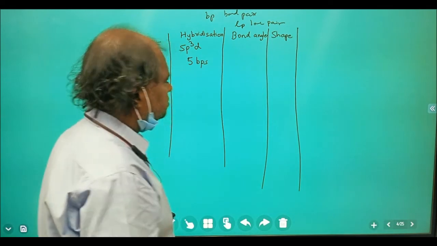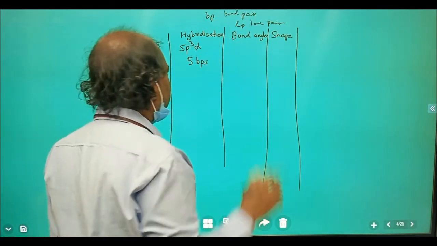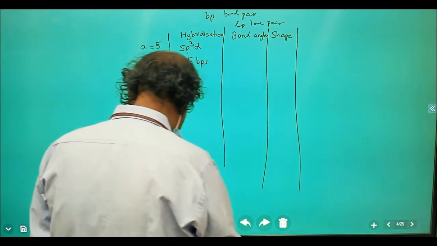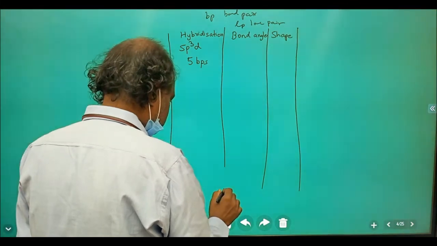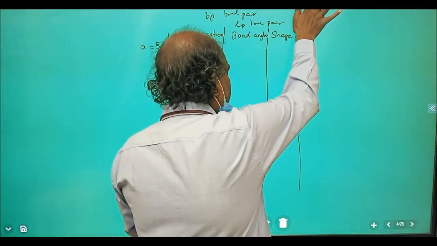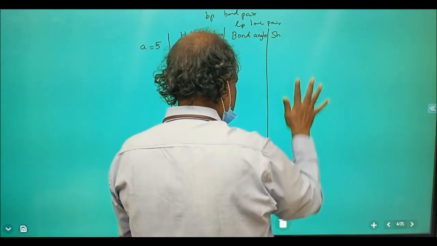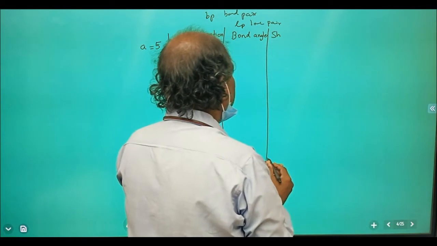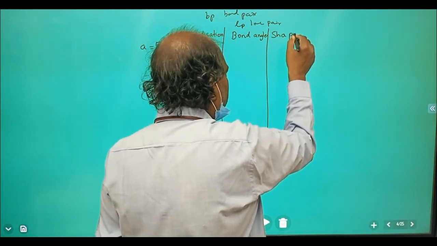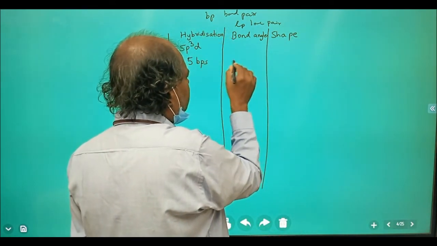LP is lone pair. Five bond pairs. What will be the angles?